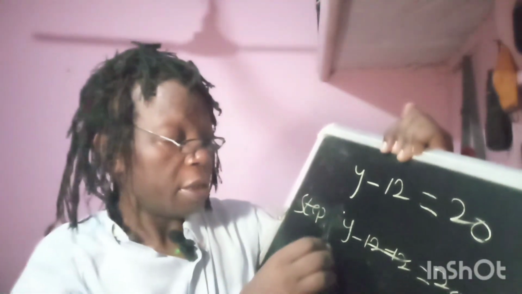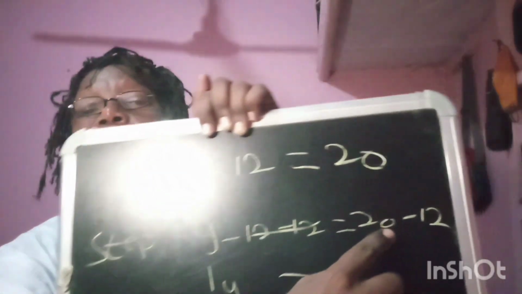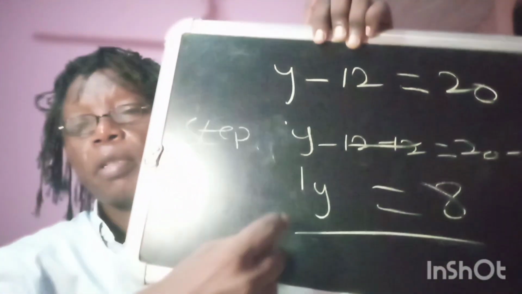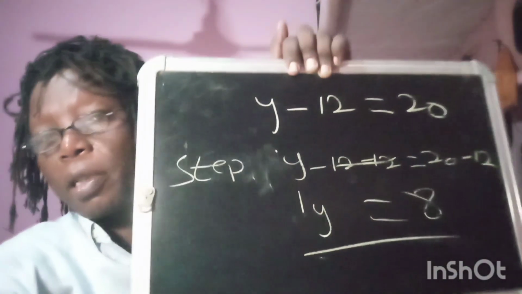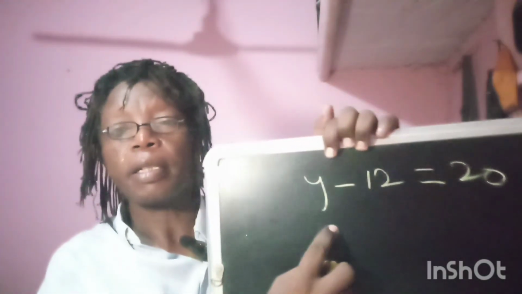And then you bring it down. Now y is equal to 20 minus 12, which is 8. So the value of y is equal to 8. And if you plug in 8, you now put 8 here.